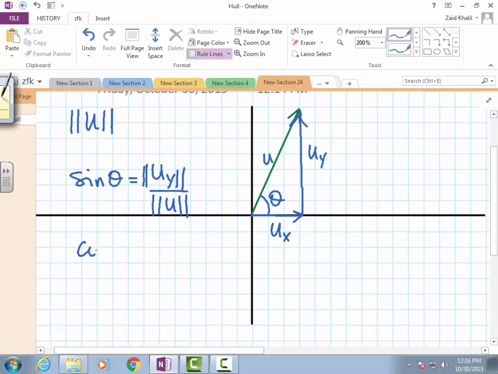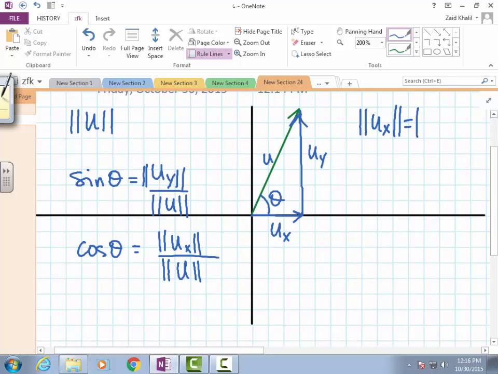And similarly, cosine theta is equal to the magnitude of ux over the magnitude of u, so therefore I can solve for the magnitudes of ux and uy. So in other words, the magnitude of ux is equal to the magnitude of u times the cosine of theta. And the magnitude of uy is equal to the magnitude of u times the sine of theta.